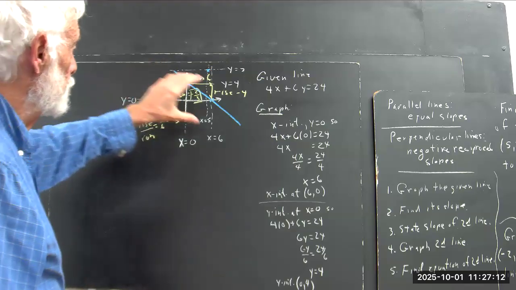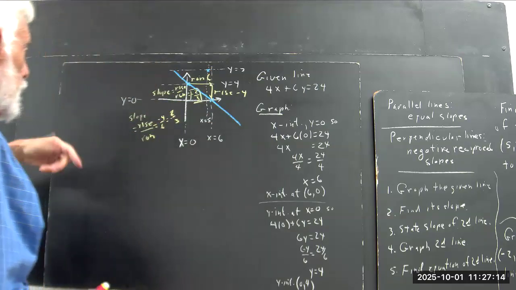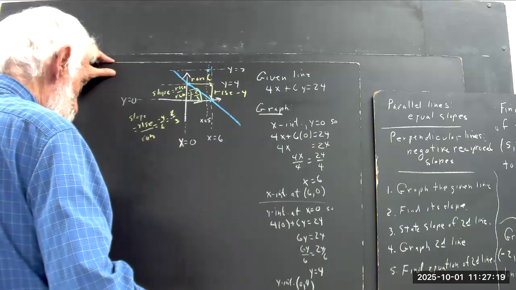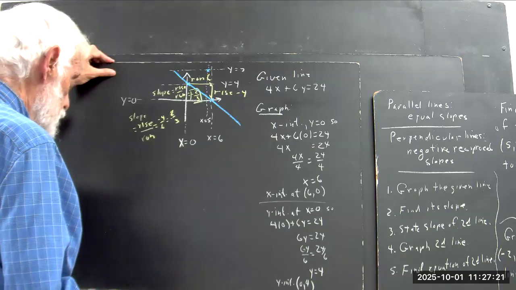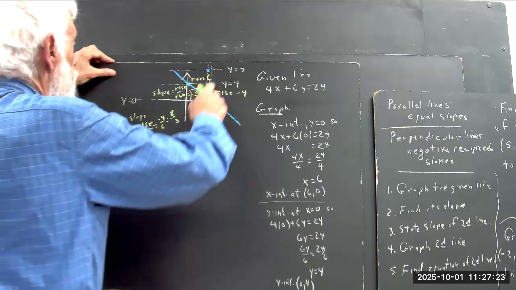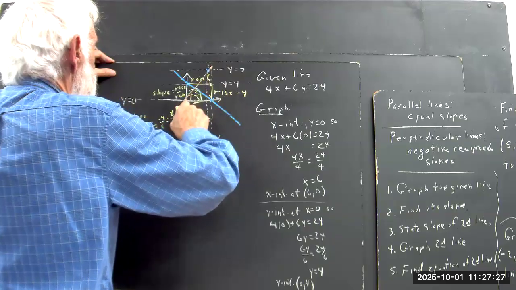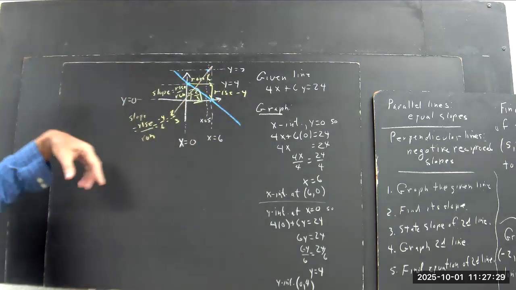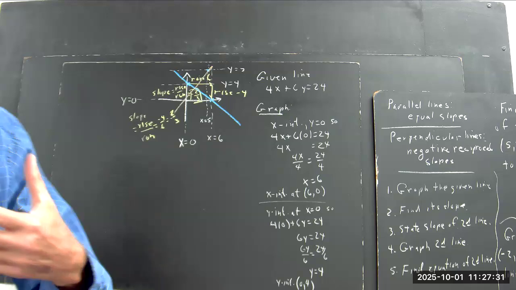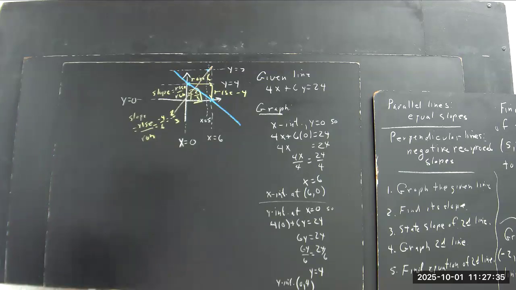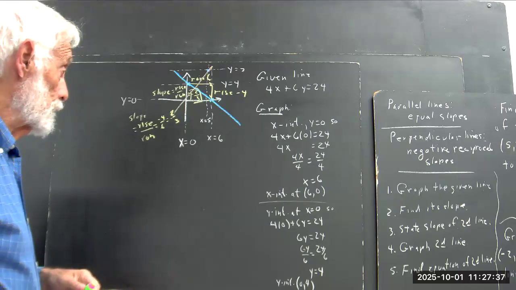If I've used reasonably equal scales for the x and the y, my line is probably going to look something like this. Now, I don't know if that's accurate, because my scales aren't completely equal, but that's kind of what it's going to look like.